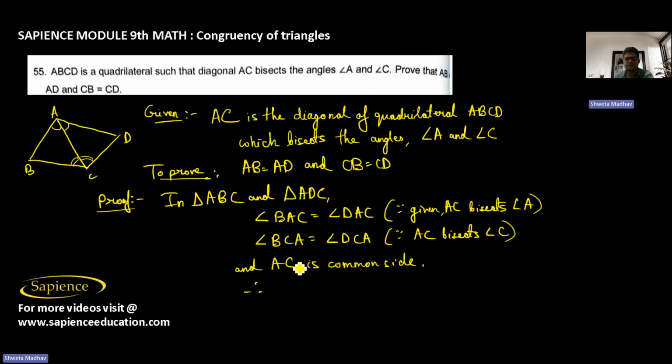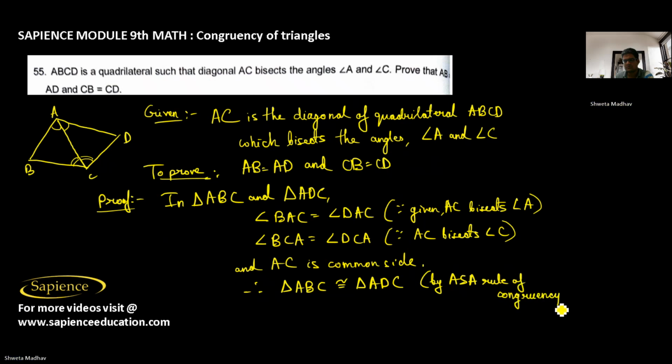So therefore, we have taken two angles and the included side of these two triangles are equal. So therefore, I can say that triangle ABC is congruent to triangle ADC, by the angle side angle, ASA rule of congruency.